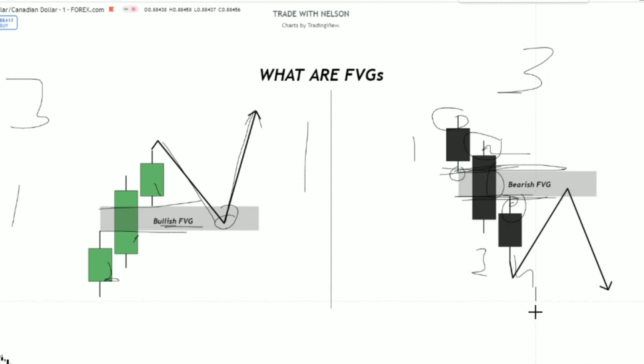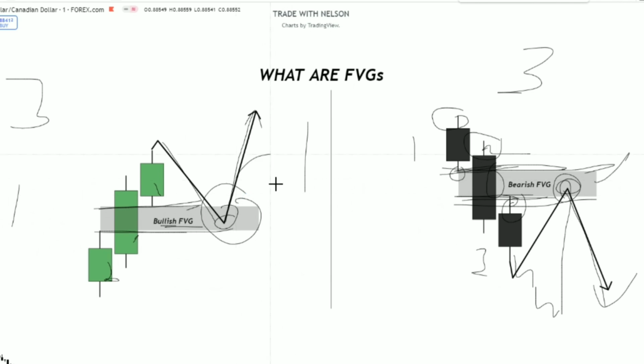So when the market trades, the buyers and sellers can agree at this price level. The market can come to activate some of the sellers' orders and continue in its intended direction. These are fair value gaps. So these are areas the market can use in the future to send price to the upside or to the downside, depending on how price moves.